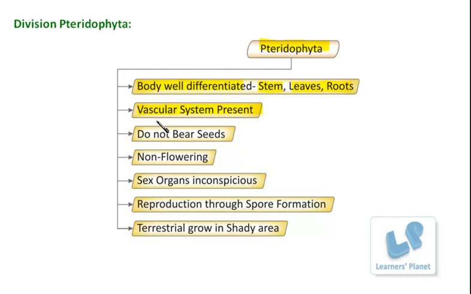This transportation takes place through special tissues known as xylem and phloem. In pteridophyta, these xylem and phloem tissues are well developed. Although they do not show secondary growth, they are well organized so as to carry out the process of transportation, right?